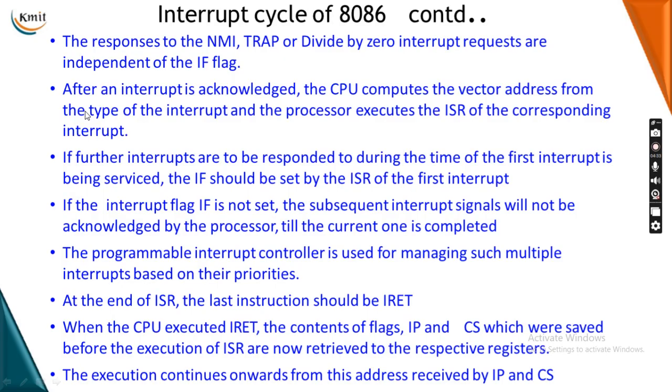What is the vector address? In the interrupt vector table, depending upon the type of interrupt that occurs, it computes the vector address from the type of the interrupt, and the processor executes the ISR of the corresponding interrupt.